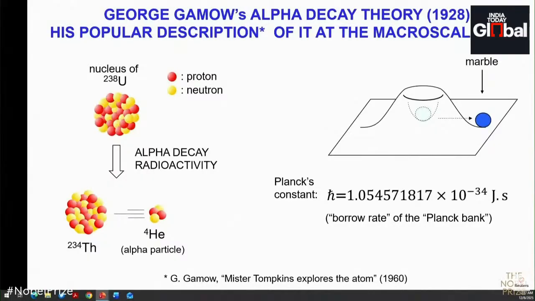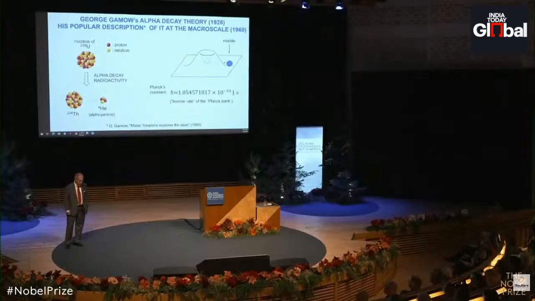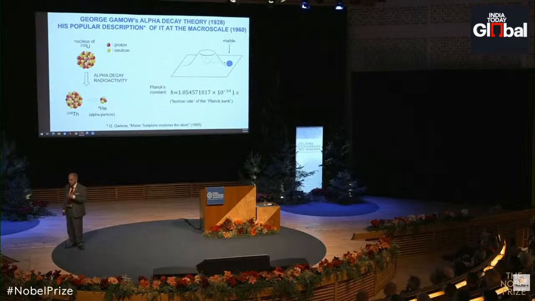So George Gamow, very quickly after the discovery of quantum mechanics, explained alpha decay, alpha radioactivity, by considering the following idea. On the left of the slide, there's a reminder of what radioactive alpha decay is.